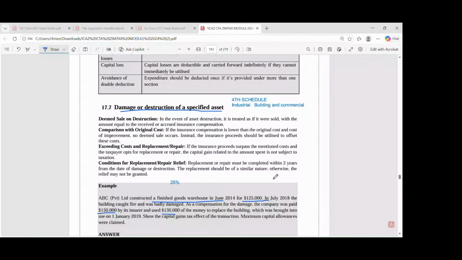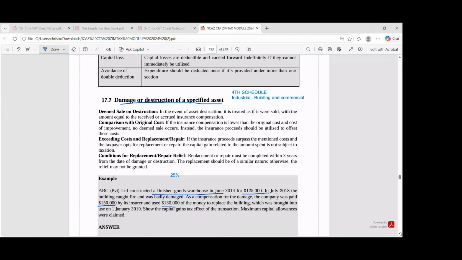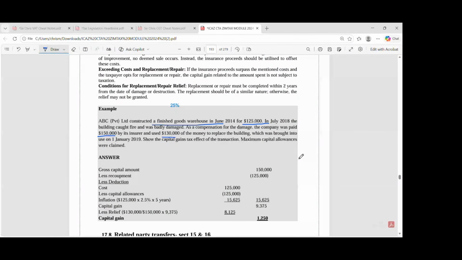In simple terms, team, we are asking how much. Constructed finished for 125, so 125 was my original cost here. Then what was the date? June 2014. And when did it catch fire? In 2018. So I claimed for 2014, 2015, 2016, 2017.